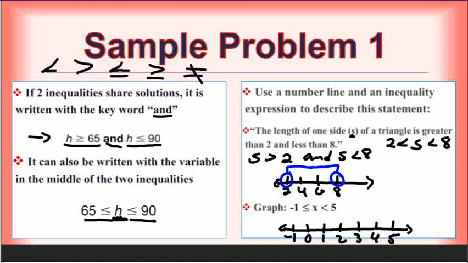So it's greater than or equal to -1, so it can equal -1, so I have a filled in circle. It's greater than, so it goes to the right. And on 5, it doesn't equal 5, but it has to be less than 5. So open circle, and it goes to the left because it's less than 5. So that would be our graph for that compound inequality.